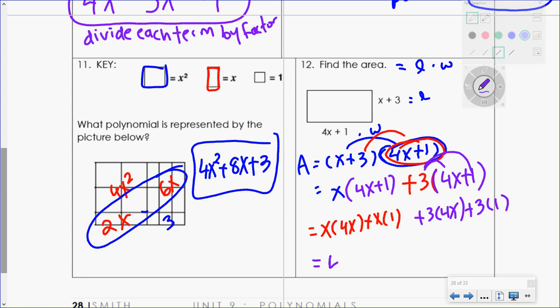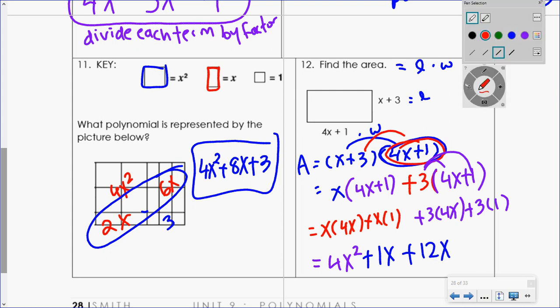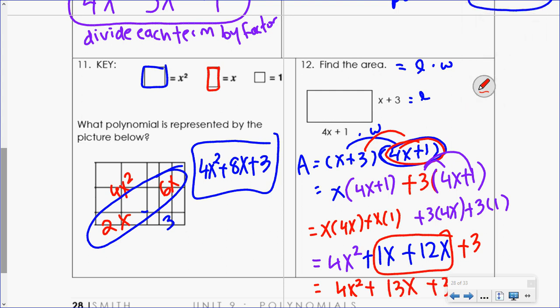Now equals 4x squared plus 1x plus 3 times 4 is 12x. Lastly, 3 times 1 is positive 3. So I combine my like terms, and I get 4x squared plus 13x plus 3 as my final answer.